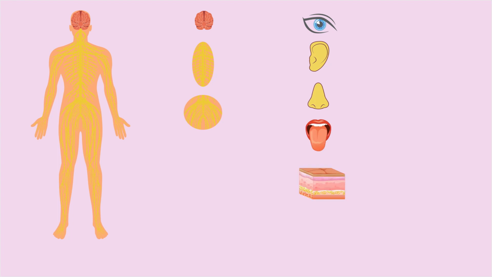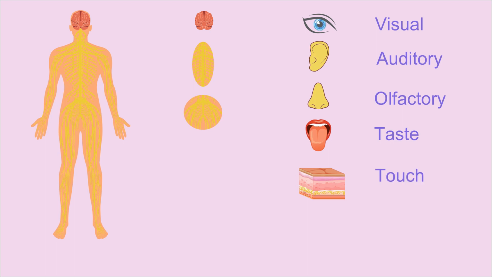These sense organs help us to perceive the environment around us. Eyes are the visual sensory organs. Ears are the auditory sense organs. The nose is an olfactory organ which helps us in perceiving different smells. The tongue helps us in perceiving taste and flavors. Skin, which is one of the largest organs of the body, is related to the sense of touch.